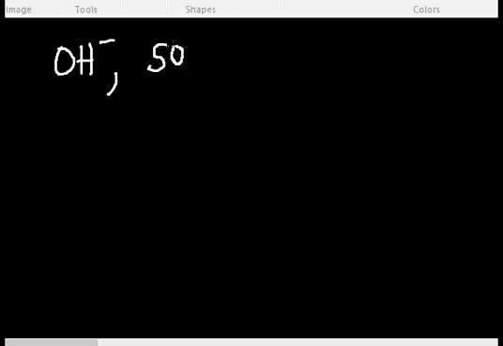Most of these radicals are in the form of positive ions or negative ions. For example, this is what is known as the hydroxide ion. This is actually a radical. This is an ion too, a negative ion, the tetraoxosulfate ion. This is a radical.